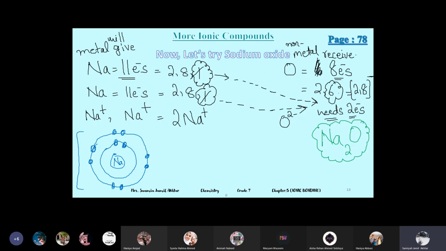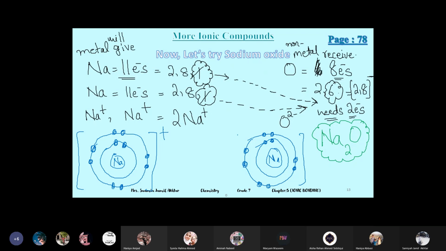Okay, and after the transference, there will be no third shell and a positive charge on sodium, and the other sodium also same. First shell, second shell. First shell contains 2 electrons, second shell 8. Plus sign on both sodium, because each sodium will give 1 electron.